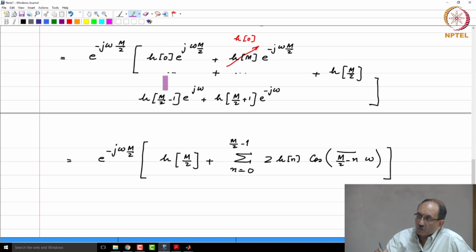If you put n equal to 0, you will get the first pair. Put the upper limit m by 2 minus 1. If you put n equal to m by 2 minus 1, this will become cos omega. This n will become m by 2 minus 1. So, that is exactly this term, m by 2 minus 1, this plus this will give you 2 times this cos omega. So, this is the general expression for all the terms.